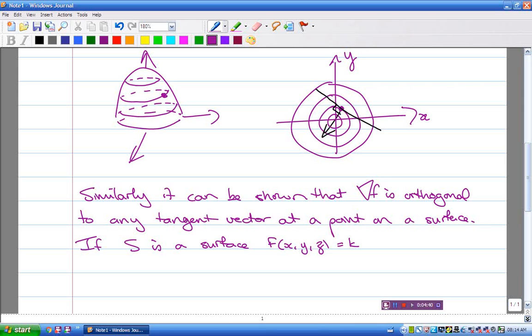of a higher dimensional analog. So just like level curves we'd get by taking our z equals f of x, y, and replacing z with a constant, now we've got a function of x and y equals a constant. That's a curve.